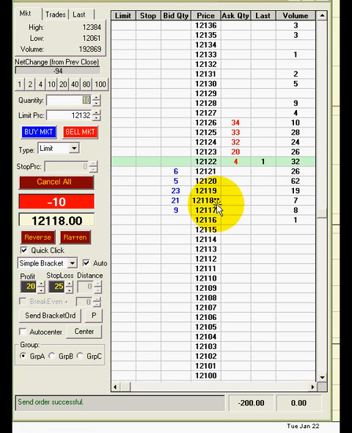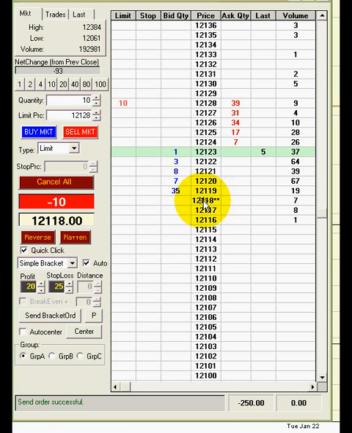Same formula we used before. We're just using more contracts now. So we got in right here. We're going to go up here and stick to our formula, and if it gets all the way back up here, we're going to enter back in with another 10 contracts. Remember, we did that on the first video with 1. Started with 1.